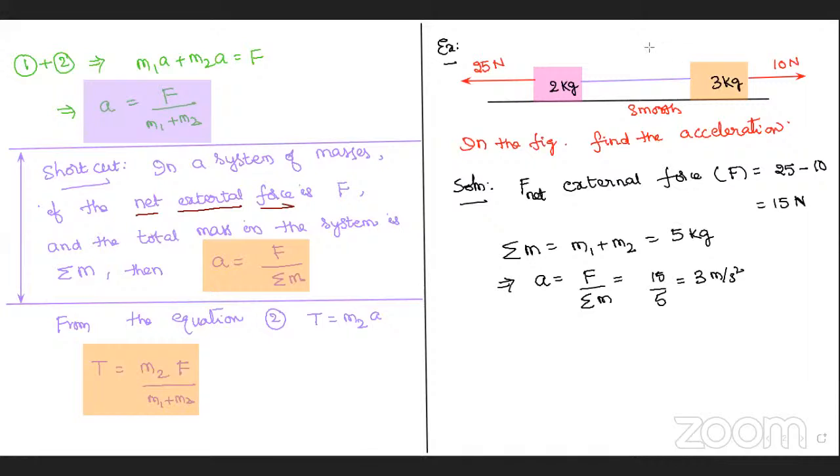Very good. So the total system in this example tries to move towards the left. This is the acceleration. So when it is trying to move in this direction, exactly opposite to the net force, the tension will be generated here. This is the direction of tension.